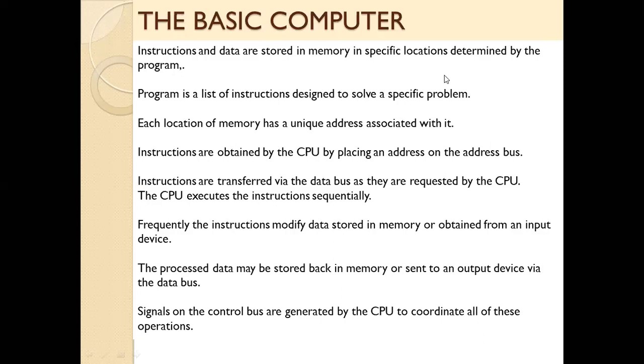For example, if you are doing the write operation inside the memory, definitely the control signal will go to the memory to do that write operation. Otherwise, the memory will not know whether I'm going to do the read operation or the write operation. Similarly, different types of operations would be performed with the help of the control signals that the central processing unit will carry through the control bus.